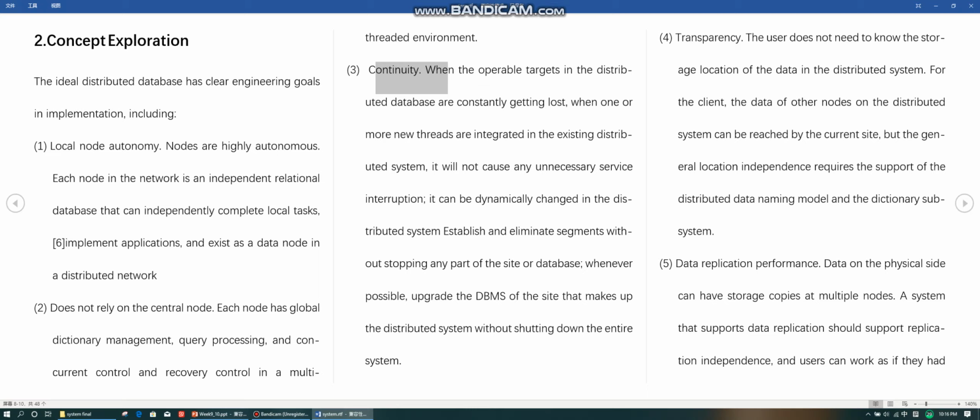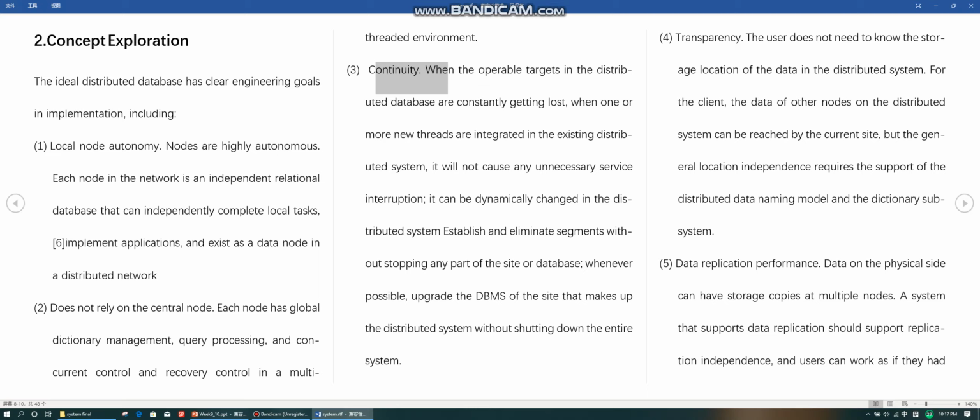But for a distributed system, it will be much easier, because for a single node, it is totally okay if it shuts down for a while. You can access your data from the mirror copy from your nearby nodes. So the entire system will not be shut down.